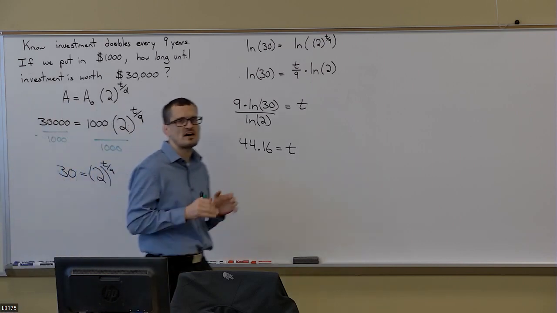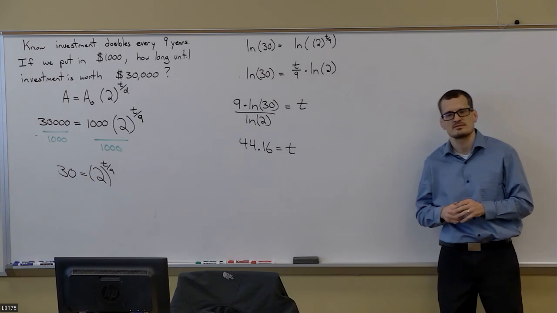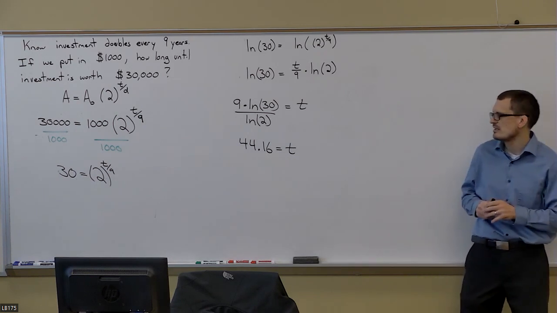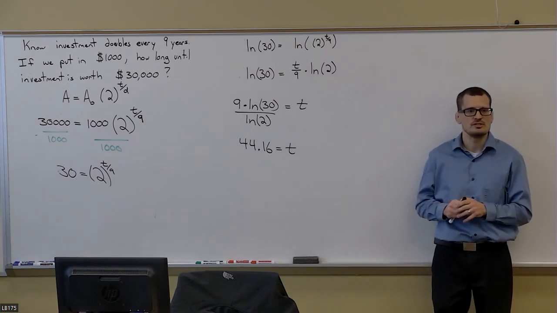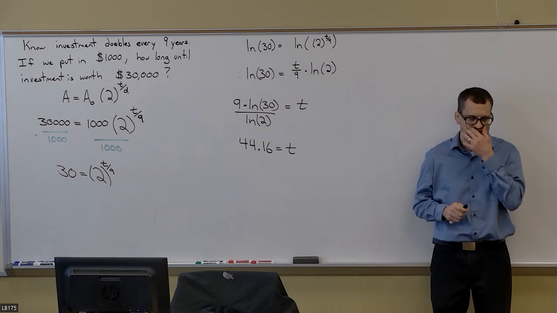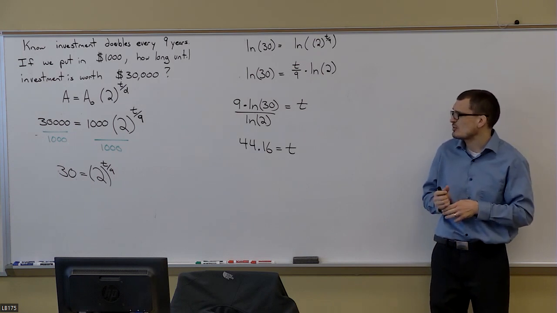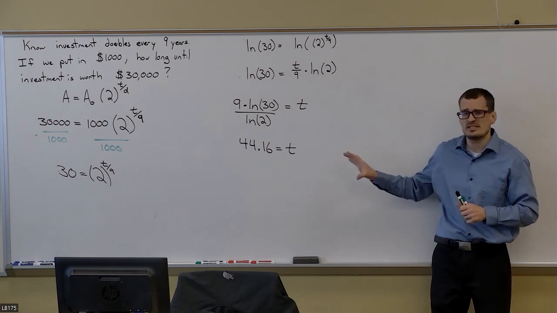So that's if I know the time it takes to double. Then I have this special formula, 2 to the t over doubling time. Any questions about solving these exponential equations?